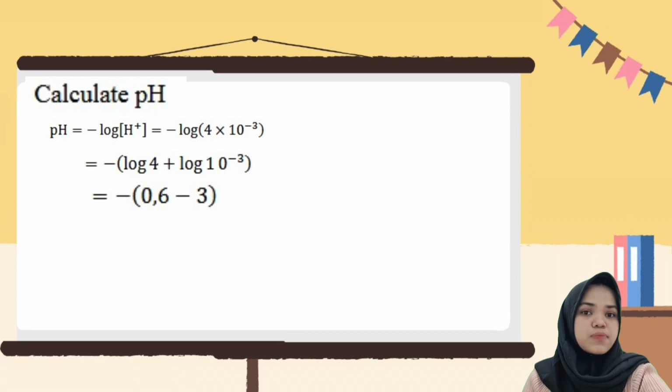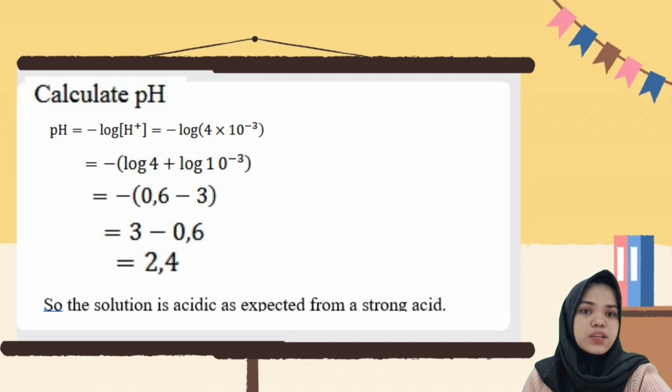So the expression becomes negative open parenthesis 0.6 minus 3 close parenthesis. 0.6 minus 3 is minus 2.4 and the negative outside makes it 2.4. So the pH of the solution is 2.4. That means the solution is acidic, as expected from a strong acid like HCl.